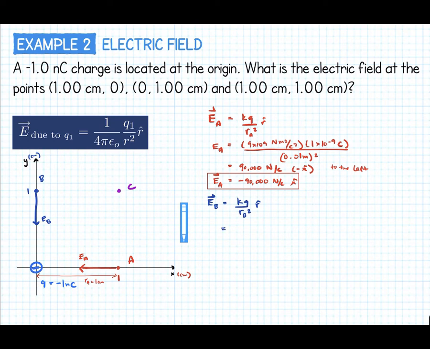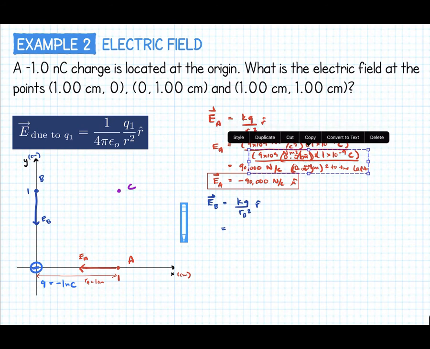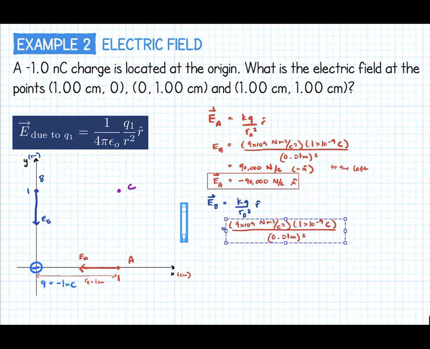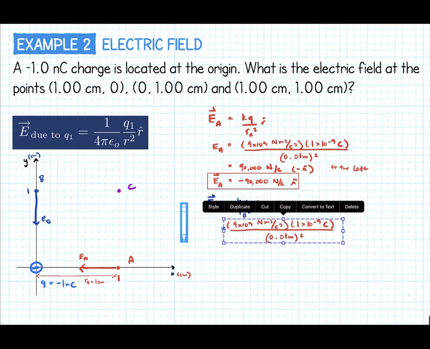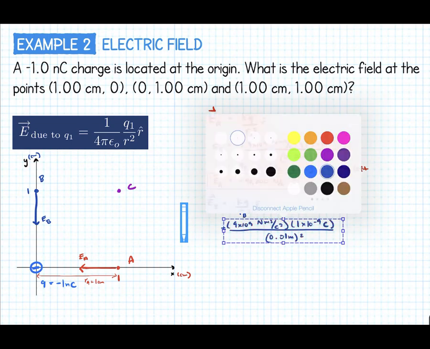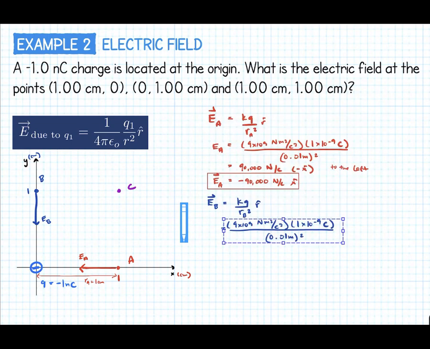So once again, we have pretty much the same thing over here. All the values are the same. The only thing that's changed is the direction. So we'll change this color. And that means we have the same actual answer.